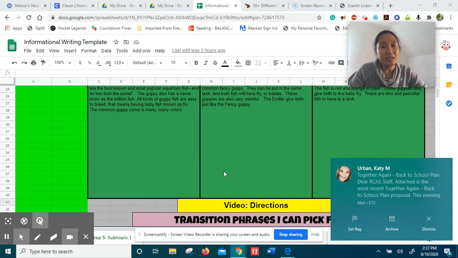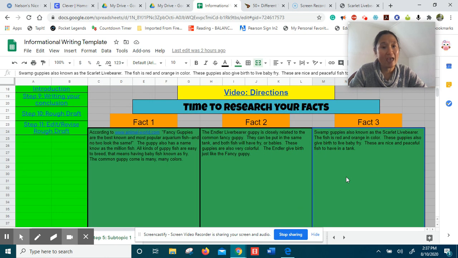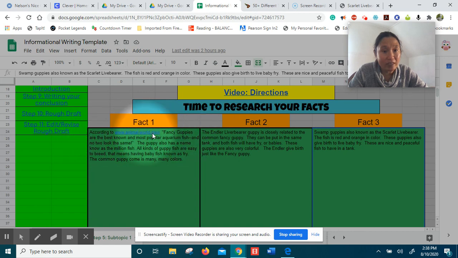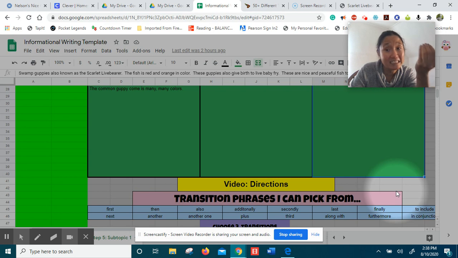So, because I have three different topics here, I have the fact about the fancy guppy, then I have this Endler live bear guppy and the swamp guppy. I need to transition between all three topics, subtopics, ideas.